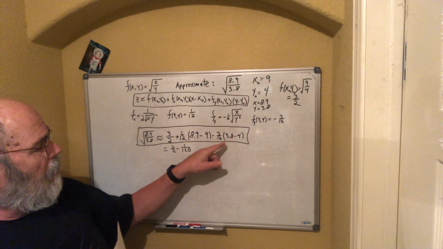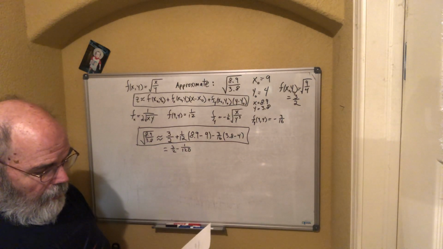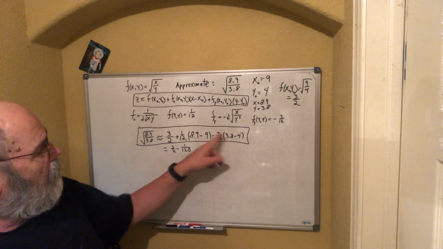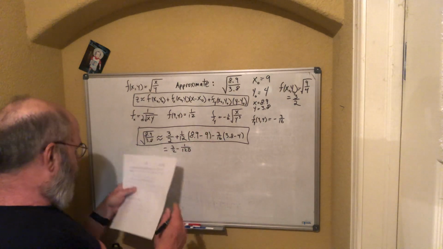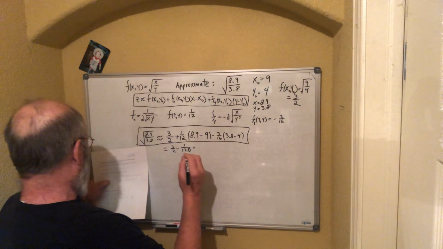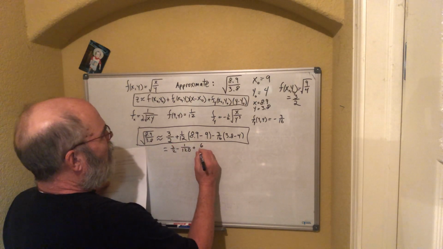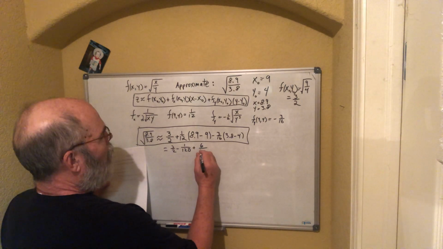And then this one here, 3.8 minus 4, gives us a negative 2/10. Again, a minus sign there. So put all this together, and the next term that sits here turns out to be 6 over 160.